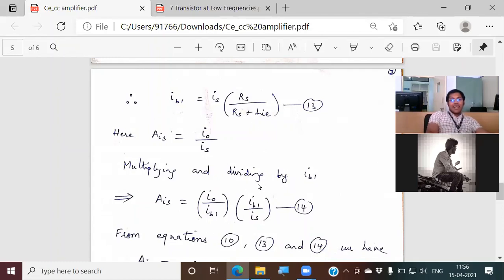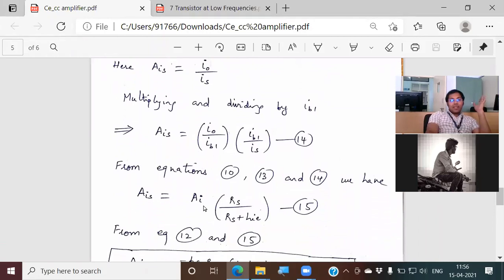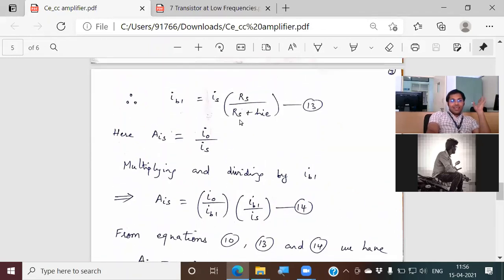So, this is RS by RS plus HI. This is AI. The same AI expression I can put to get the final AIS. This is the AI expression from the earlier equation, which I am keeping.